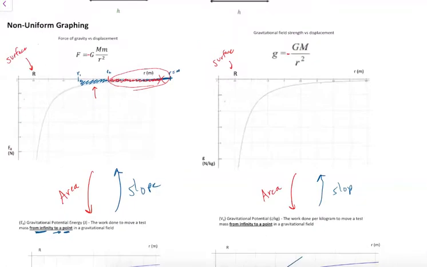So the paradigm shift is the weird point of coming from some point infinitely far away, and it has to do with the idea that I'm not feeling any force there, and therefore I'm not doing any energy. That's the reason. And then the graphs are in such a way that it's more mathematically correct.